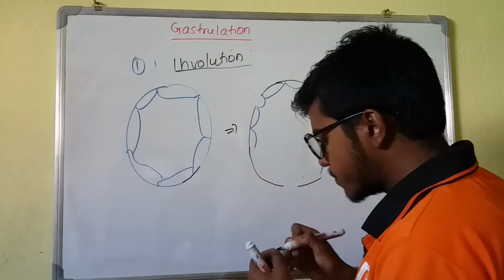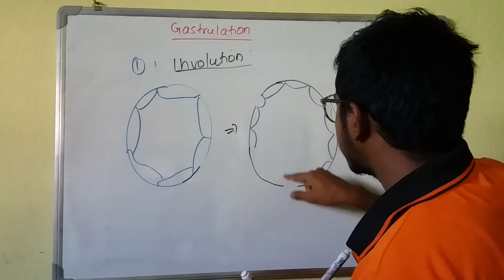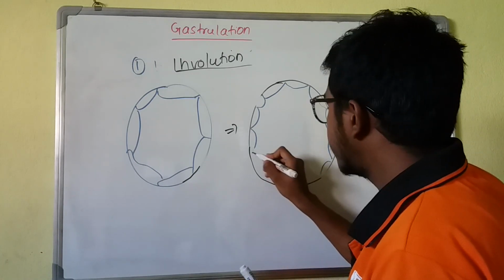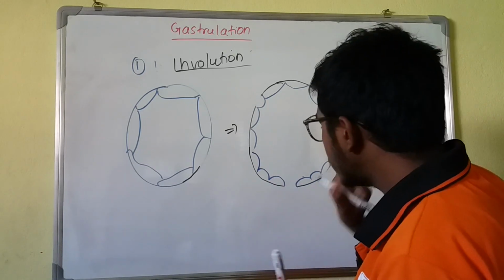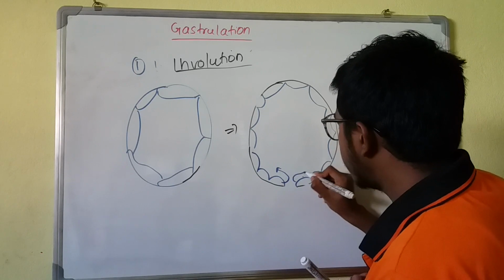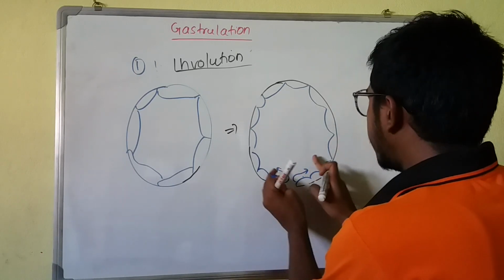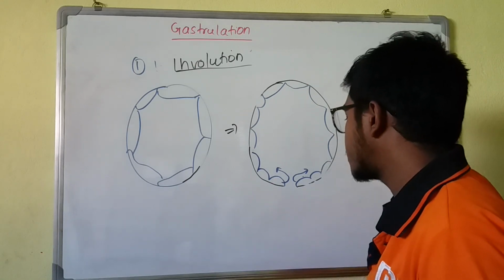The new cavity is communicating over here, as we have seen in the archenteron formation. Now the new cells are multiplying in the blastoderm; they will go in this direction and be deposited inward.